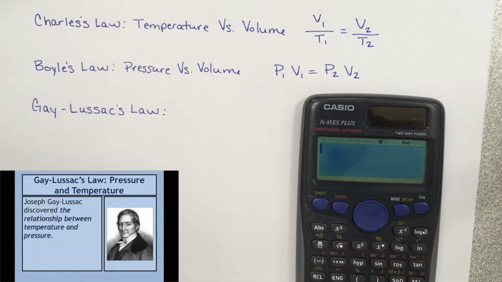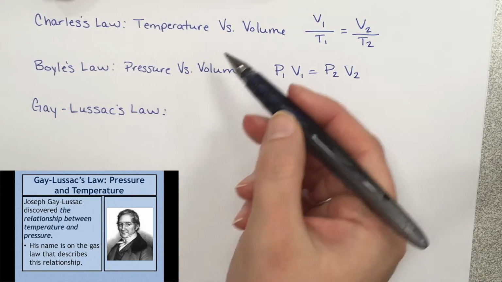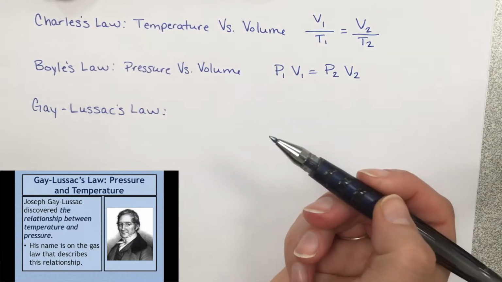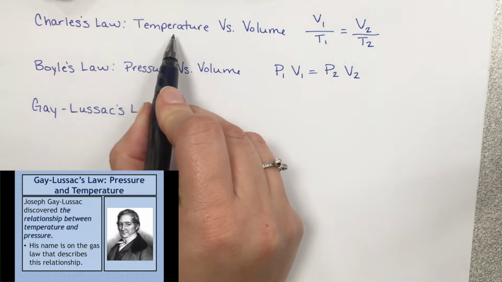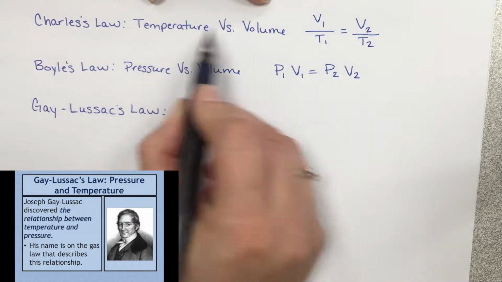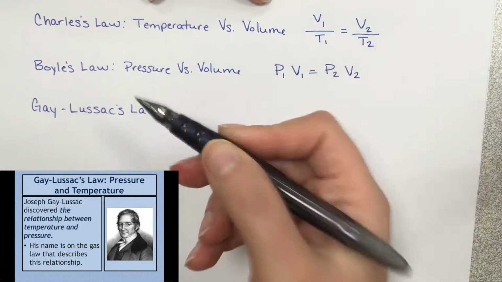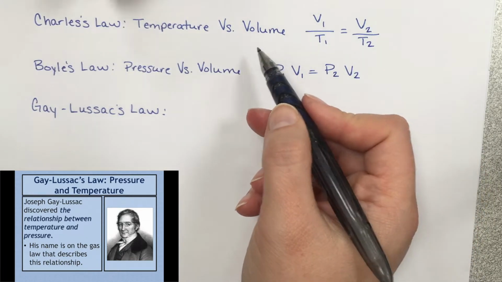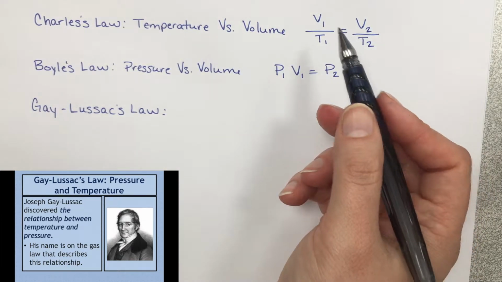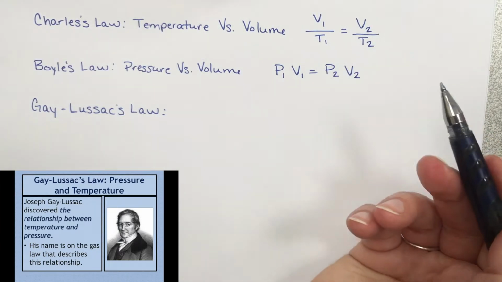So this scientist, Joseph Gay-Lussac, discovered the relationship between temperature and pressure. If you look on the paper, what we already know is Charles's law and Boyle's law. Charles's law is the relationship between temperature and volume, and here's the equation we use if we are given a certain temperature and volume, and a change in temperature or a change in volume, to find what the other variable will be.